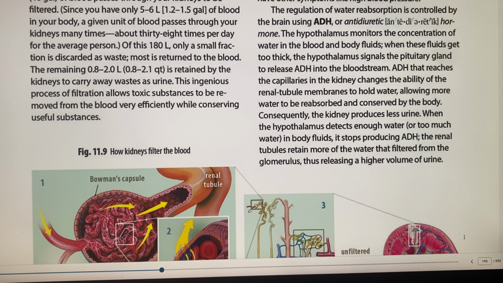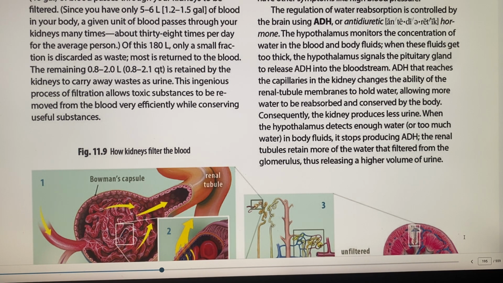If the blood gets too thick, it allows more water to be absorbed, so the kidney produces less urine. Antidiuretic means basically to produce less urine, right? And it's pretty important because I need to have all that in homeostasis, and it's directed by the hypothalamus.